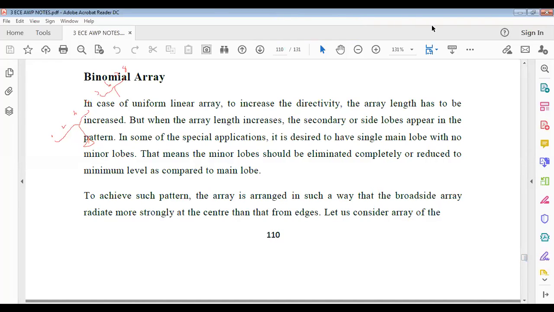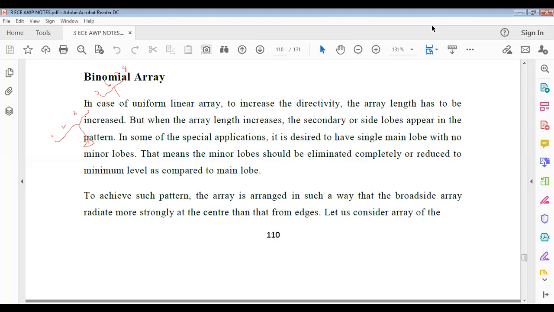But the problem is, when the array length increases, secondary or side lobes appear in the pattern. What is the drawback of the appearance of these side lobes or minor lobes? When the number of side lobes increases, then directivity and gain in the desired direction decreases.